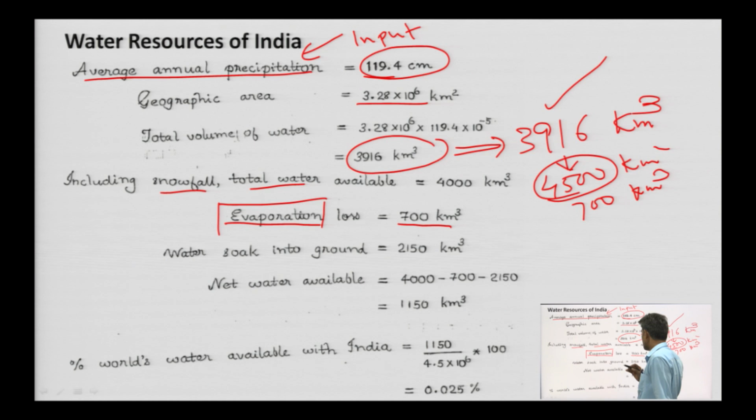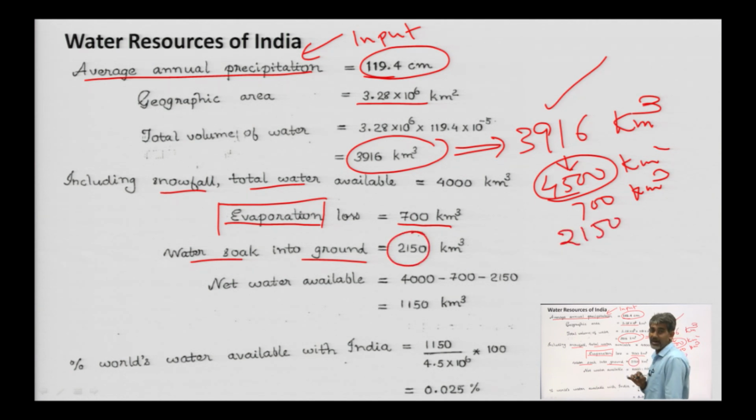The next part of the water is water soaked into the ground, and it is 2150 infiltrated. This much part of the water is going to infiltrate into the ground.